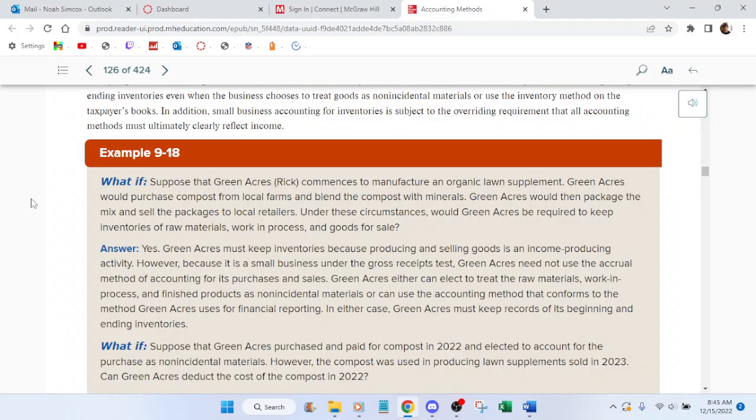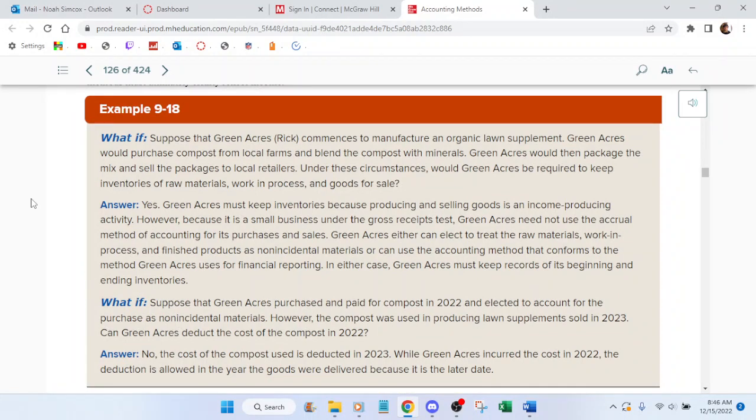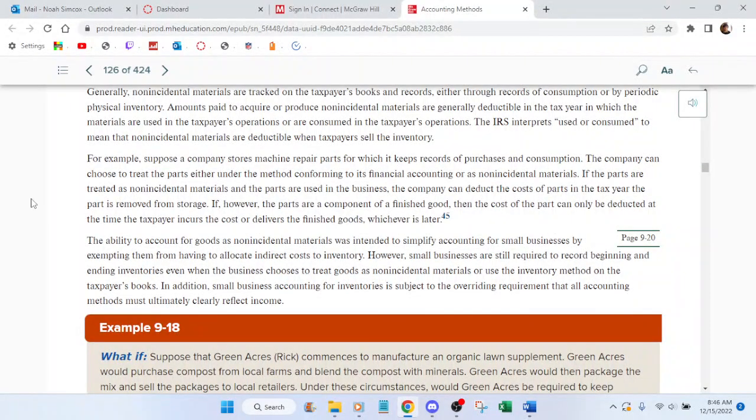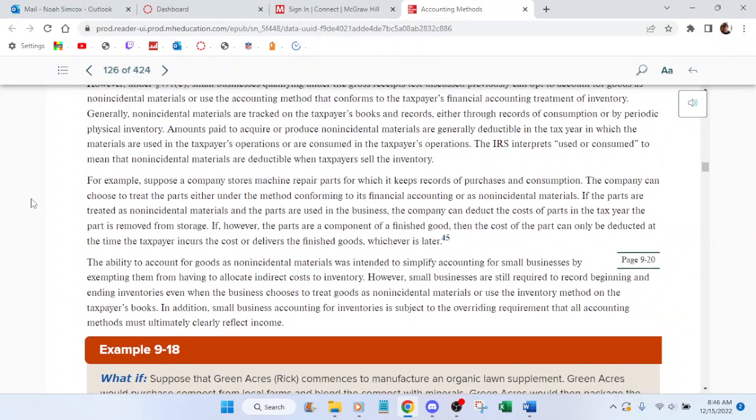The answer is no. The reason is that with non-incidental materials, you must recognize the cost of the material when the final product is sold. The cost of the compost used is deducted in 2023. The cost was incurred in 2022. The deduction is allowed in the year the goods were delivered because it is the later date.